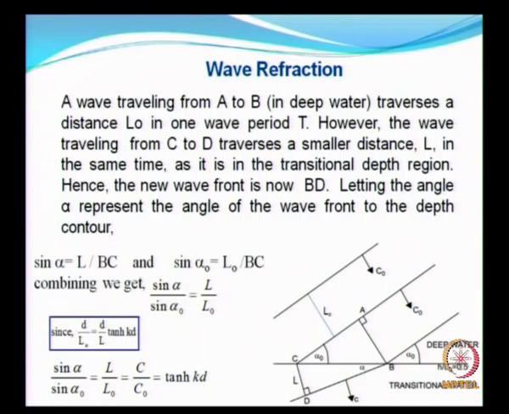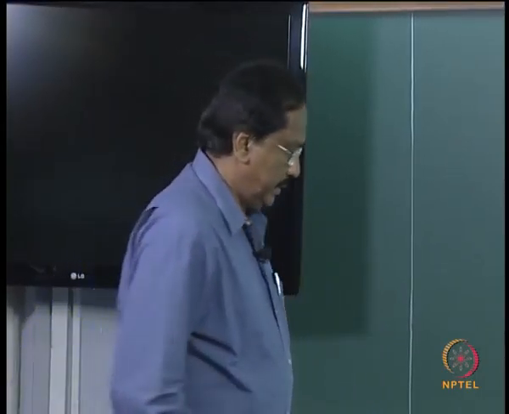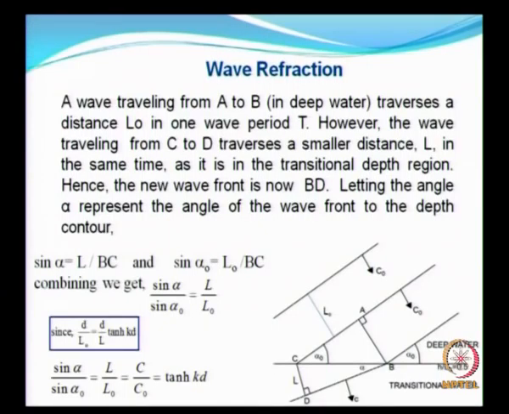When this wave is crossing the line which is indicated as d by L naught equal to 0.5, then you see that the wave is going to bend as shown here.